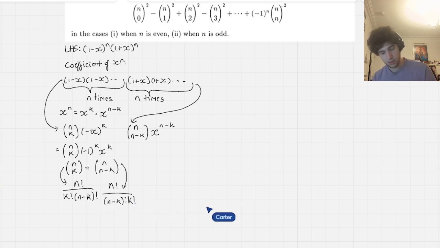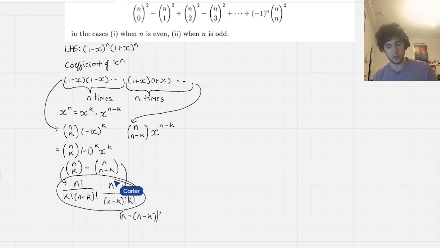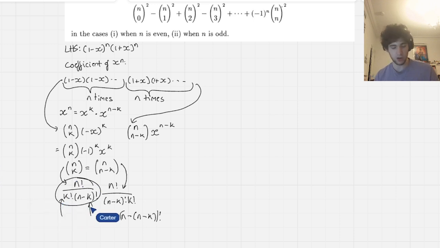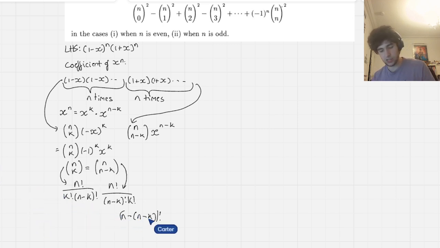So this k factorial is also the same thing as n minus k all factorial. So that's why these two things are equal, right? Because if I were to replace the k in the definition with an n minus k, I get n minus k factorial, n minus k factorial. So I just get the same thing, just flipped. So hopefully you guys can appreciate that those two things are the same.